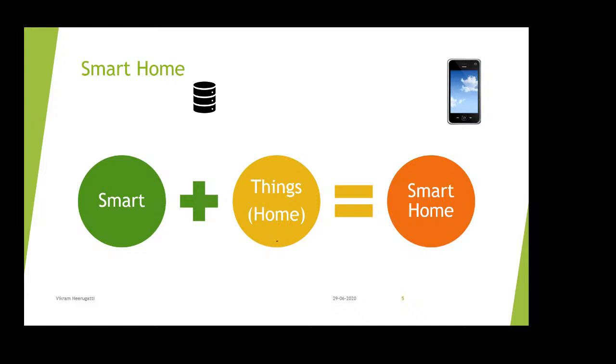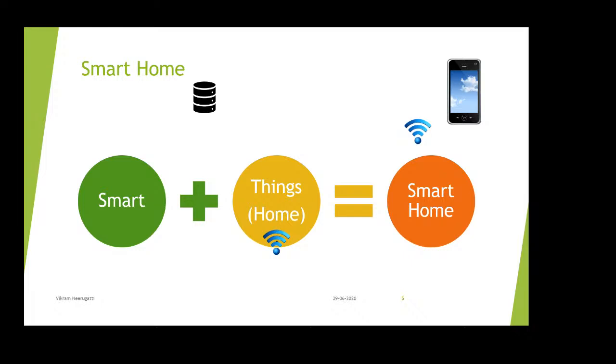Now, these things can be managed with the help of a mobile phone for remote controlling and remote monitoring. The phone is connected to the things with the help of Wi-Fi technology. We embed a Wi-Fi chip inside the things so that the chip can communicate over Wi-Fi with the mobile phone.